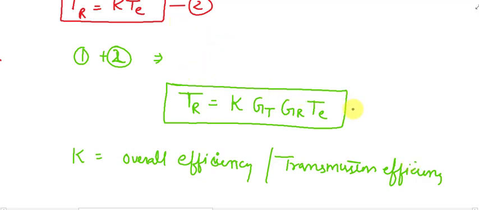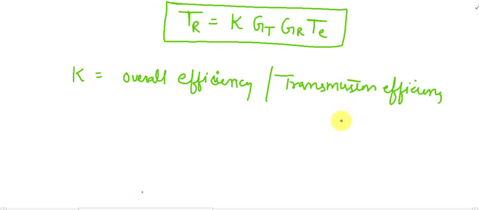So this is your formula number 1, from where you can find the torque at the rear axle with the help of the gear ratios and the torque produced by the engine.